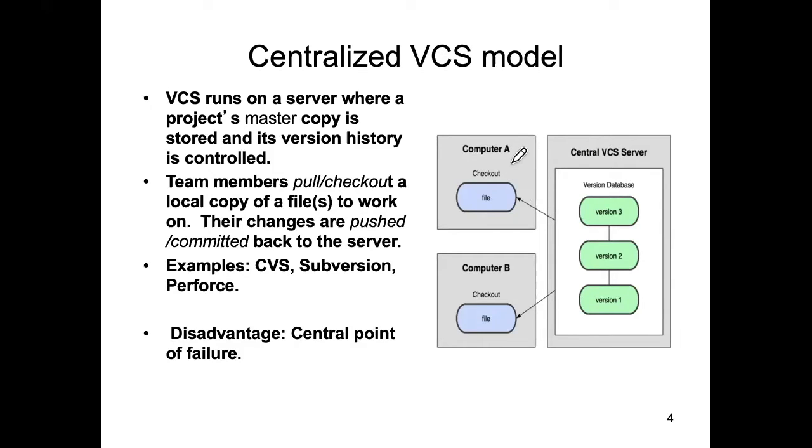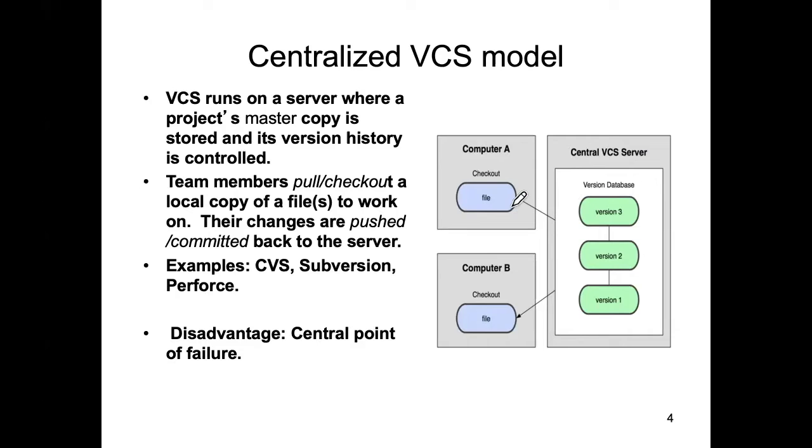So you've got a client side to it and a server side to it. On the client side, it will keep track of changes that you are making to copies of the files that you have here locally. So it tracks what changes you have made to the files that you have taken a copy of from the central server.